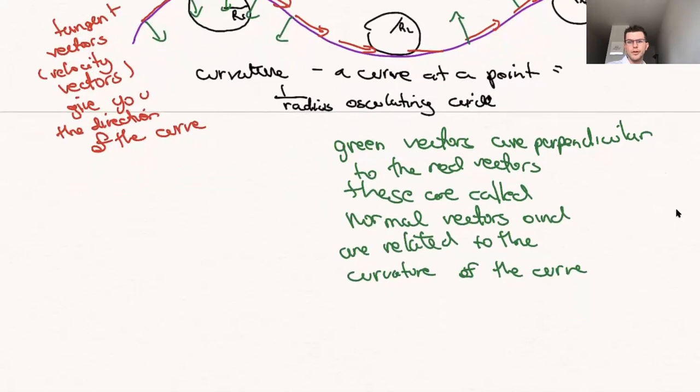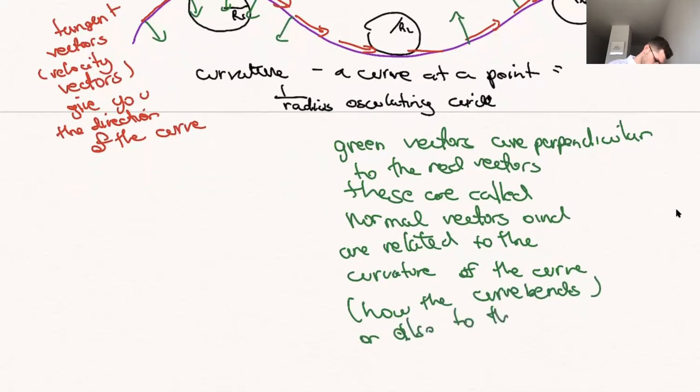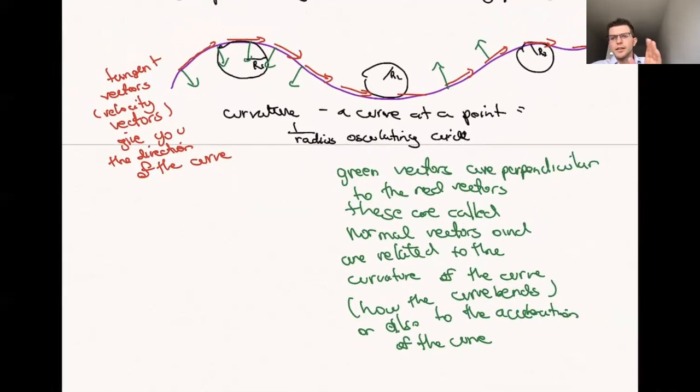But is the picture at least clear? If you have a curve, you have these red vectors, which are sort of parallel to the curve, and then you have these other perpendicular vectors, which are the green ones, right?